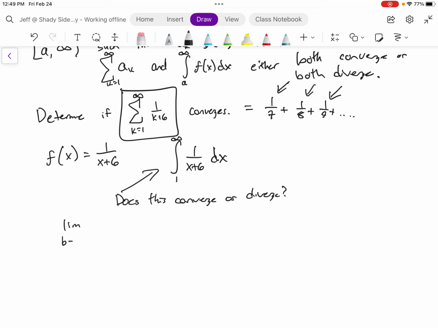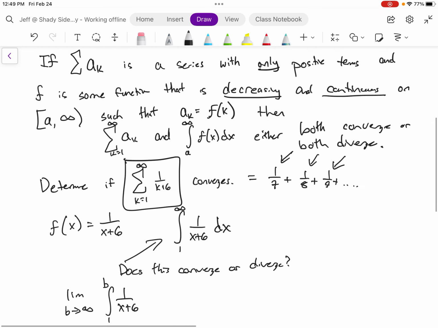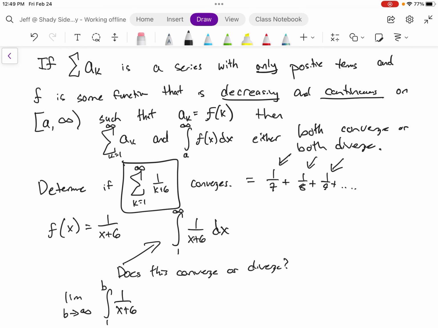I should have mentioned before we get into this, we have to think very briefly about our function here. Is this thing continuous? Yes, it only has a discontinuity at -6, which is not something we're worried about because we're going to start at 1. And is it decreasing forever? Also yes. So it meets both of these criteria up here.